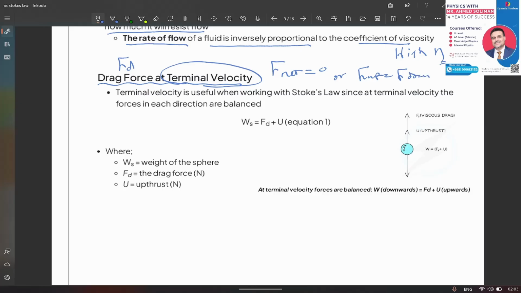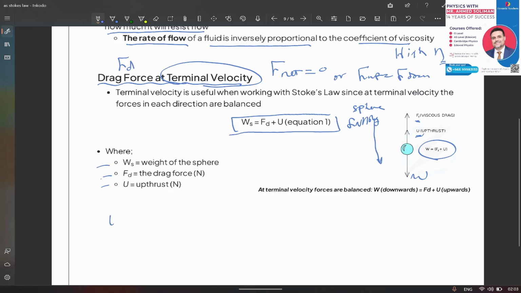So if the object, a sphere, is moving down and falling, it means weight equals upthrust plus drag force. So now we have W sphere equals drag force plus U. Okay?